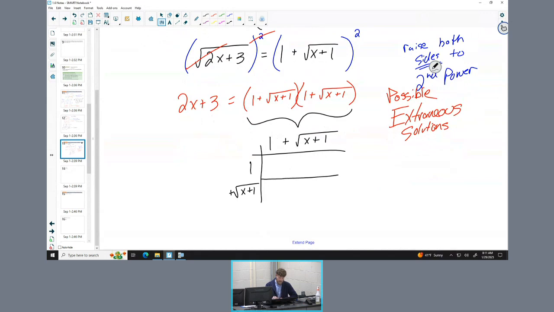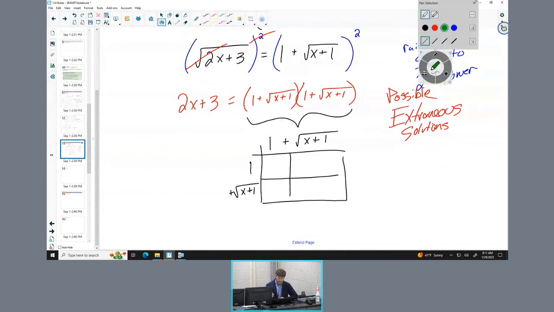And then I create my box. Now when I'm filling in my box, 1 times 1 is 1. 1 times the square root of x plus 1 is the square root of x plus 1. Same thing again. And then the square root of x plus 1 times the square root of x plus 1 is x plus 1.